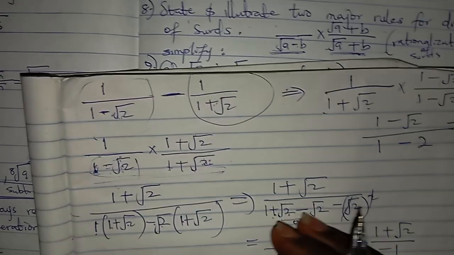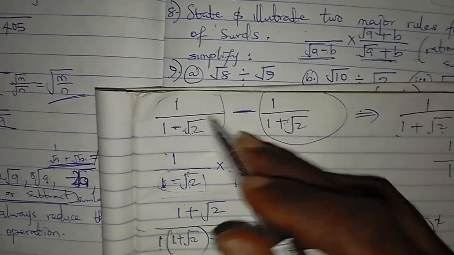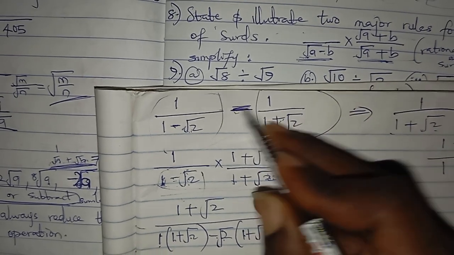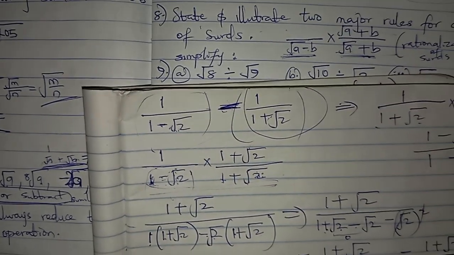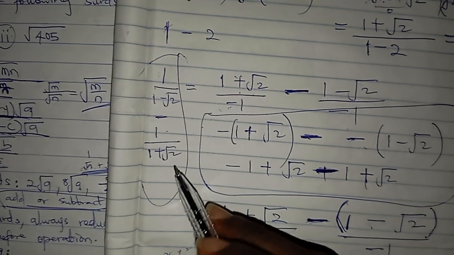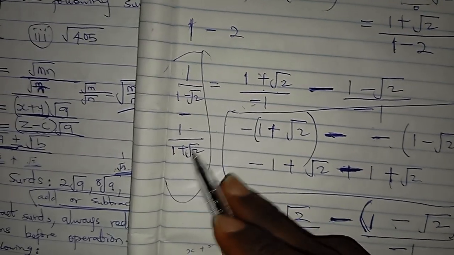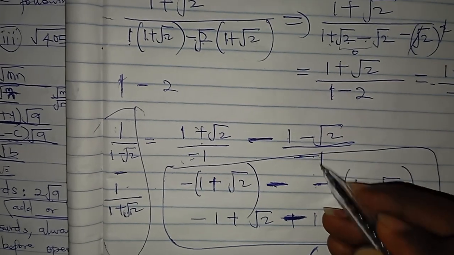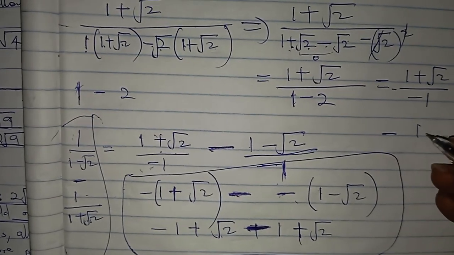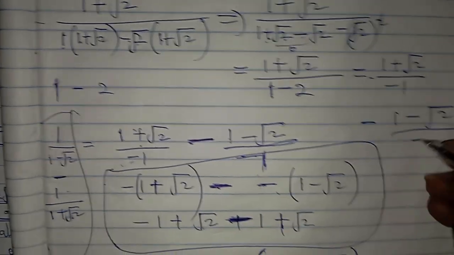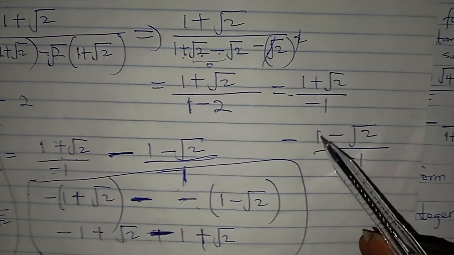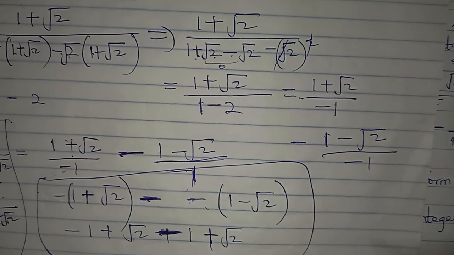So notice what happened. When we have this minus, this minus is minus everything here. So at the point where we got this value to be 1 minus root 2 all over minus 1, we were treating it as though the minus is only for this one, but it's not supposed to be so.